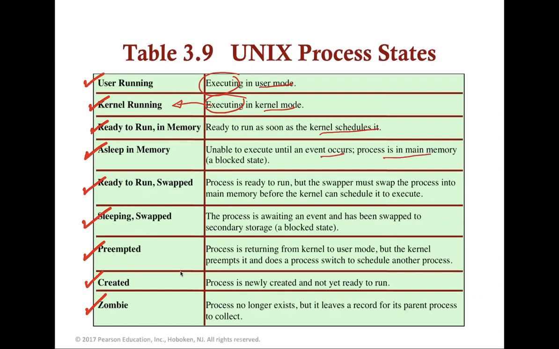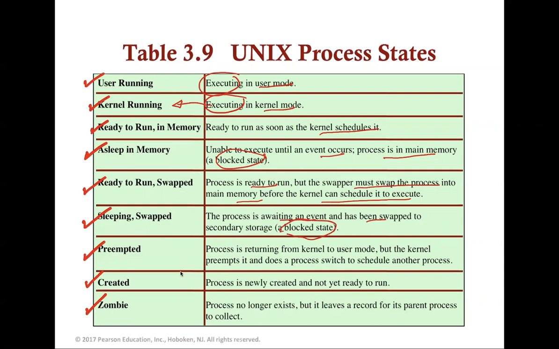That means the process is in main memory, but it's in a blocked state. Ready to run swapped means the process is ready, however the swapper must swap the process into main memory before the kernel can schedule it for execution. Sleeping swapped, on the other hand, means that the process is waiting for an event and has been swapped to secondary memory, but is still blocked.